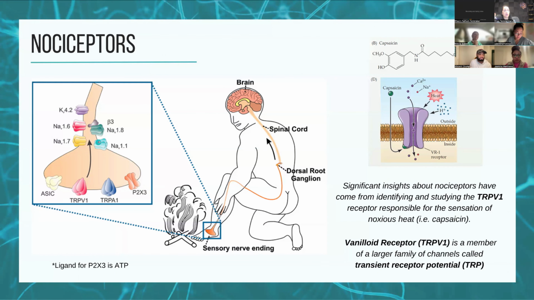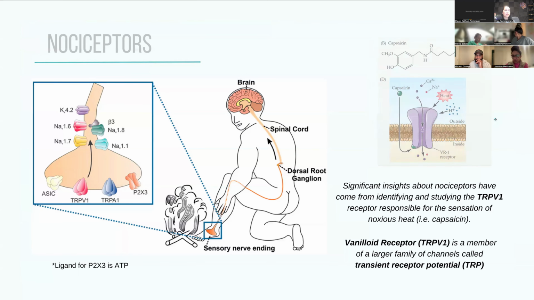We would block these sodium channels. So the nociceptor gets stimulated. It then allows sodium to rush into the neuron, and then that's going to stimulate that action potential to occur and shoot down the axon. And like I said, a lot of these are discovered and studied using chemicals like capsaicin, and that's how we discovered a lot of these nociceptors.